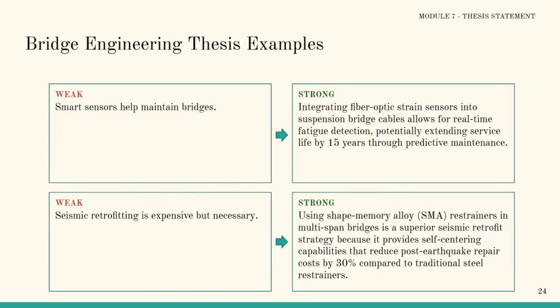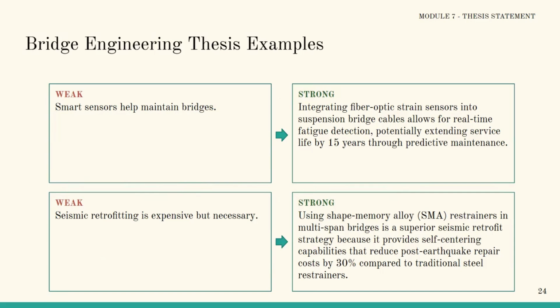So what type of sensors, where we're going to place them, what type of bridges, and how it will impact the maintenance, extend the service lifetime, all are present in that statement. Another weak example could be seismic retrofitting is expensive but necessary. That's mainly a statement, not a thesis statement.